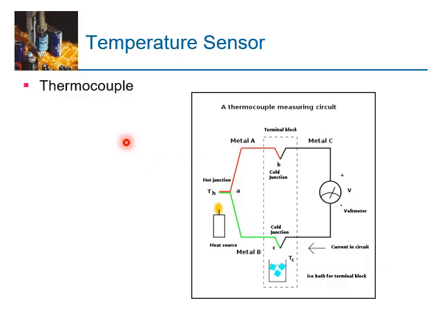One example is the thermocouple, where you use two dissimilar metals joined together, and if there is a temperature difference between the two ends, you will have some millivolt-range variation. This is what we call the Seebeck effect or thermoelectric effect, and this allows the temperature difference to be detected.